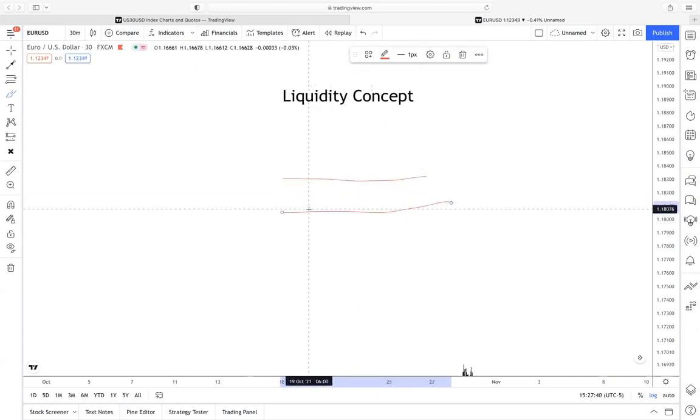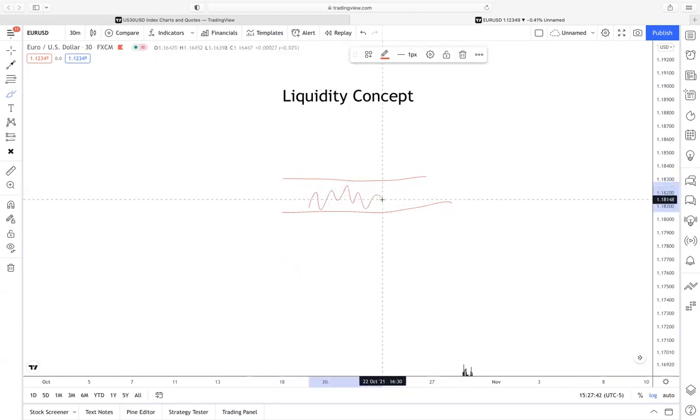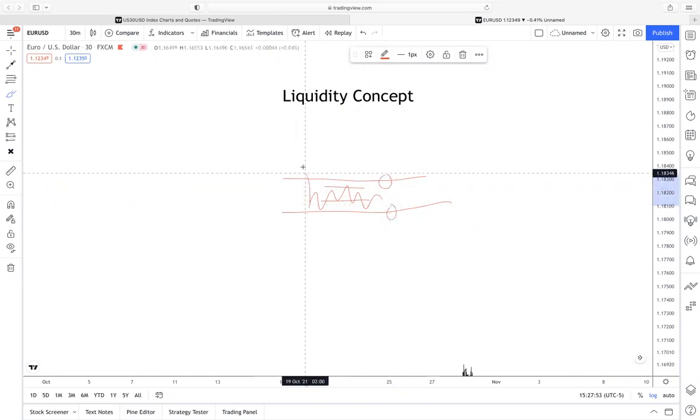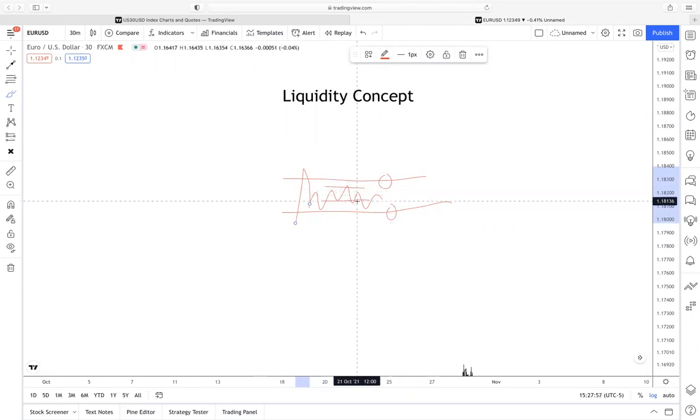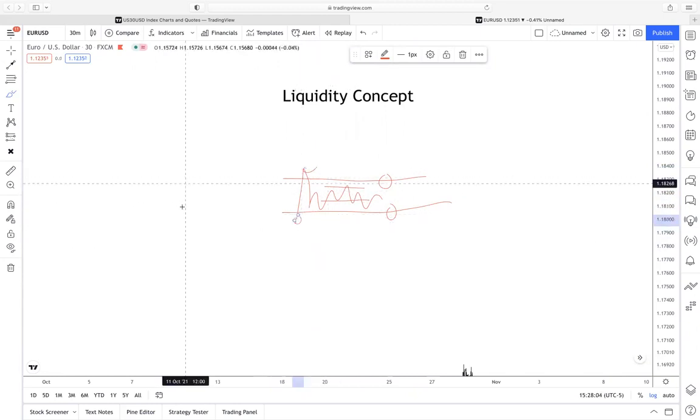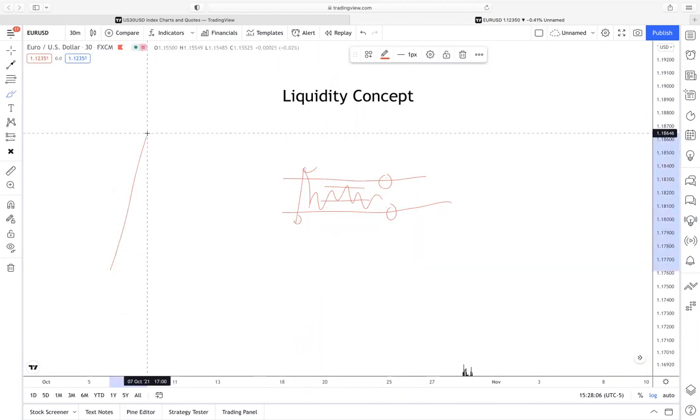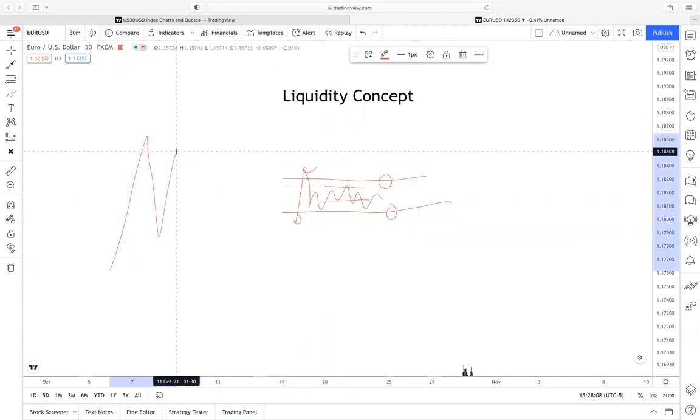So when you have price moving within this range, there's liquidity trapped beneath every high and every low, but there's also liquidity above the high and the low of the range where price is. So you have internal liquidity within your trading range, and then you have external liquidity above this high and this low. A lot of times you'll have price come up, come down, fail to break that high, fail to break the low.